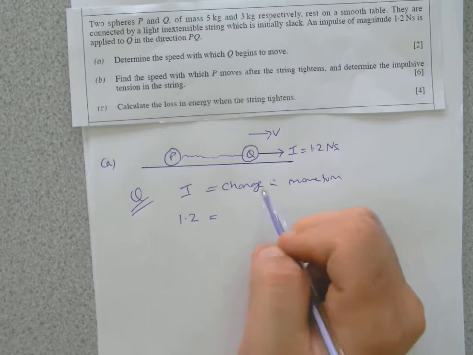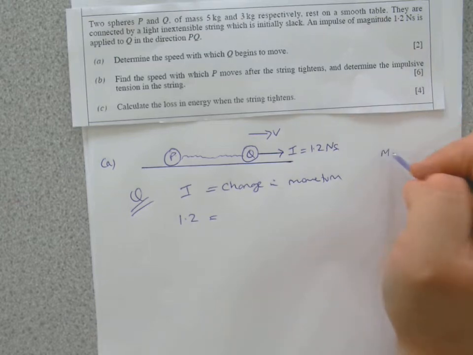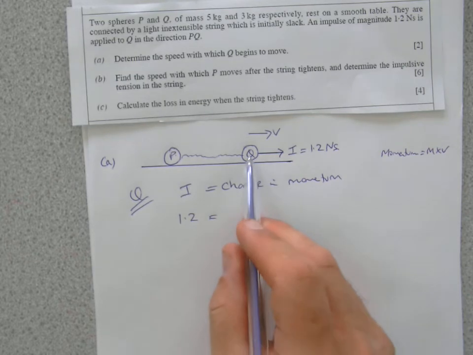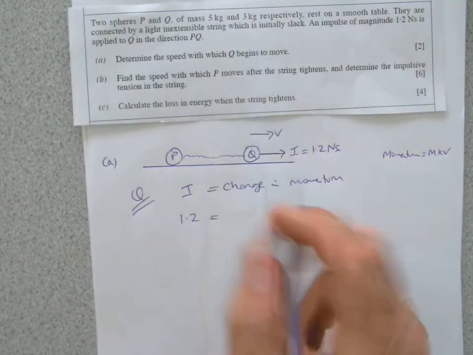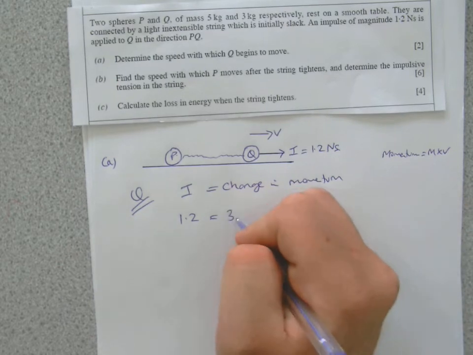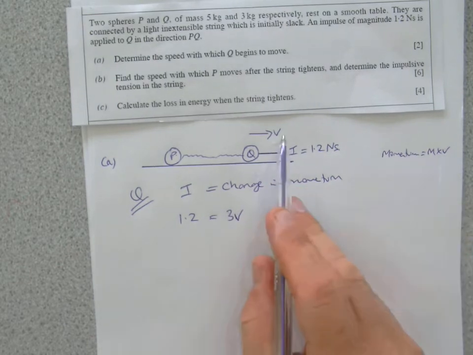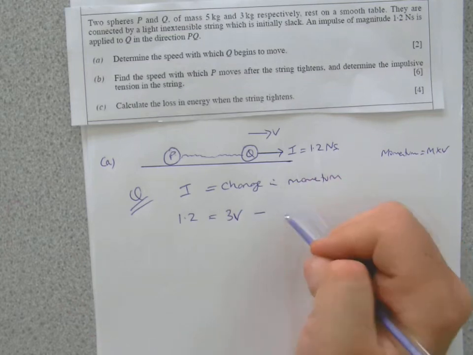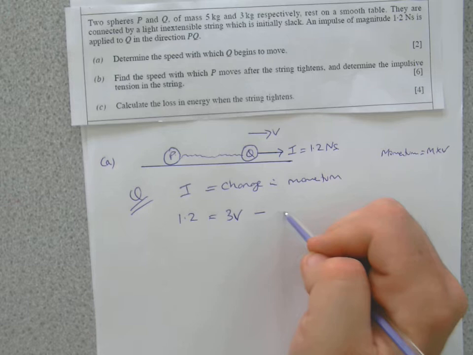Don't forget with momentum, it's just going to be mass times velocity, isn't it? So the momentum after, the mass of Q is 3 kilograms, so it'll be 3 for the value m times velocity v, and we've called it v. Take away the momentum before. That's the change of momentum: momentum after, take away momentum before.